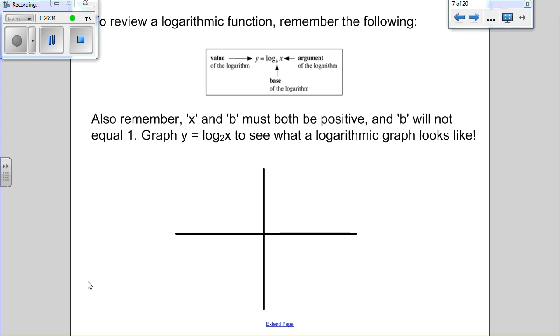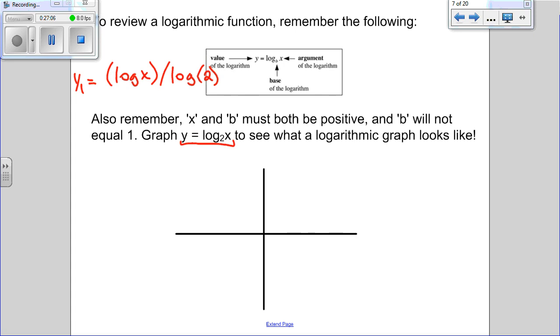So if you graph y equals log 2 of x and see what it looks like, in your calculator that means y1 equals bracket log x divide by log 2. Remember, you have to put things in your calculator as 2 separate logs where the base goes on the bottom. So if I was to graph this thing, I would go log x divide by log 2.